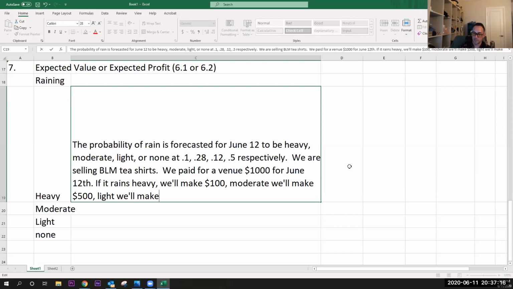So if it rains heavy, we make $100. If it's moderate, we'll make 500. If it's light, we'll make 1,000, right? If it's none, let's say we make 2,500. Let's just say here we only make 800 or something.